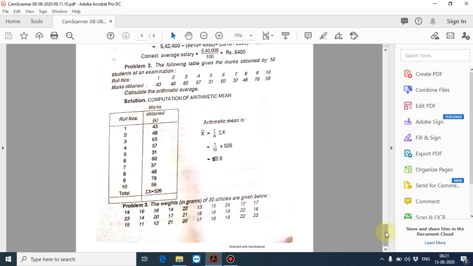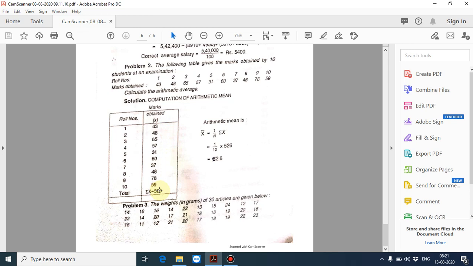So you see, we have put in a tabular column the roll numbers and the marks they have obtained, and we are adding. Why are we adding? Because the formula is summation x by n. Summation x means the sum of the values, and summation x is equal to 526.